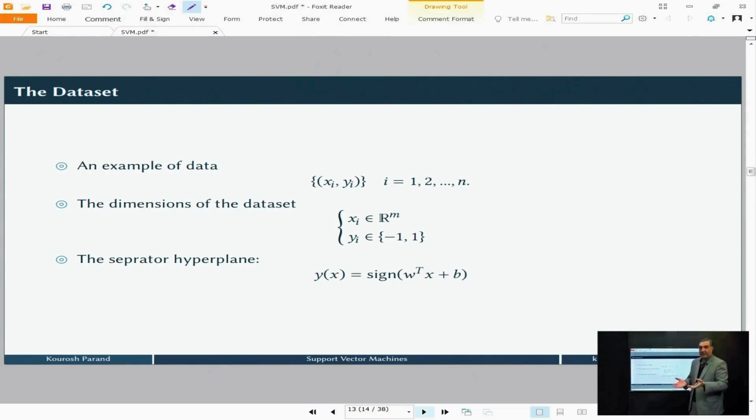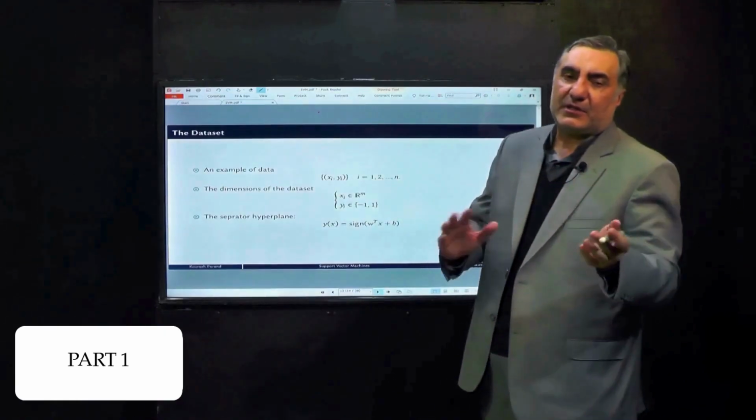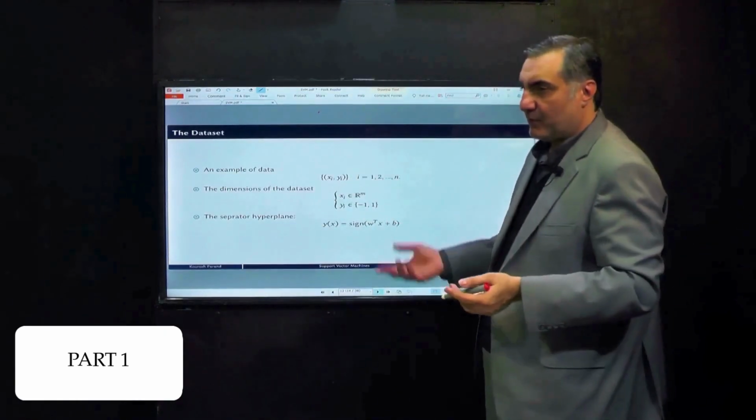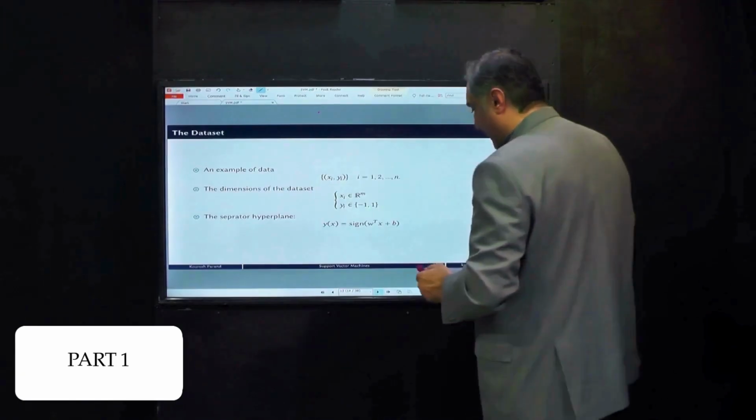So, to be precise, my data consists of n samples, (x1, y1), (x2, y2), (x3, y3), all the way to (xn, yn). The yi's belong to the set {-1, 1}, meaning they're either -1 or 1, and this is the separating hyperplane in the form of sign of W transpose x plus b. And as for the sign function, we've explained it before, so it's clear how it works.